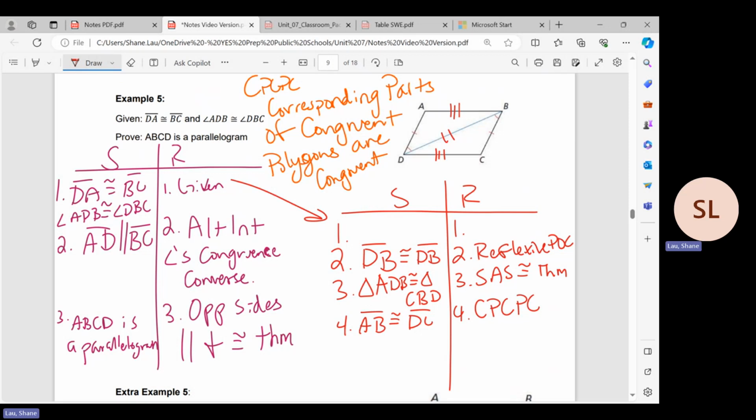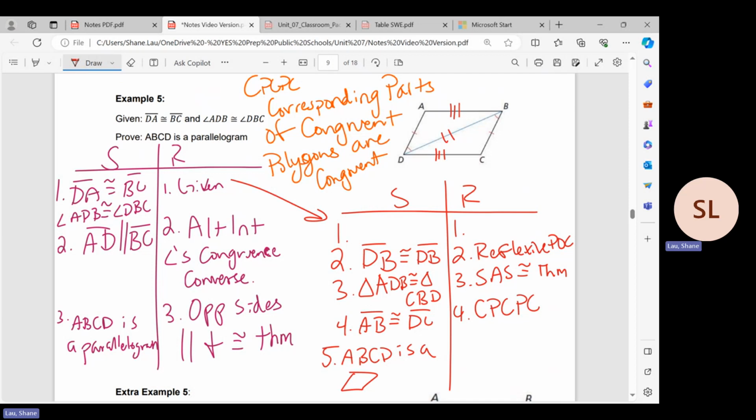So now I've just shown that I was given that AD and BC are congruent, but I've now just shown that the other pair of opposite sides are congruent. Therefore, I can finally say that ABCD is a parallelogram. You could shorthand parallelogram with an actual shape of a parallelogram.